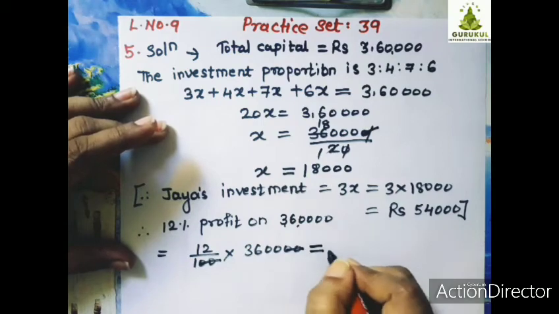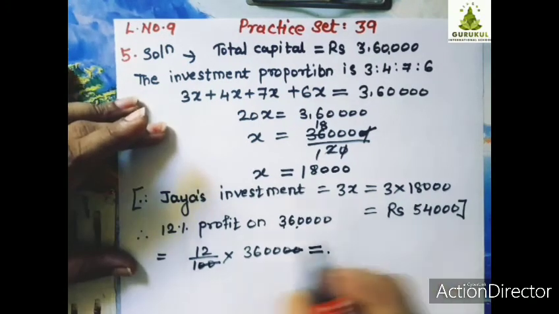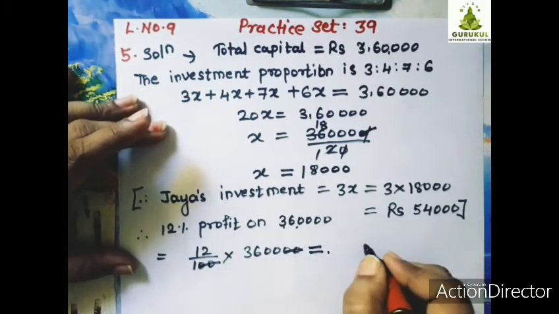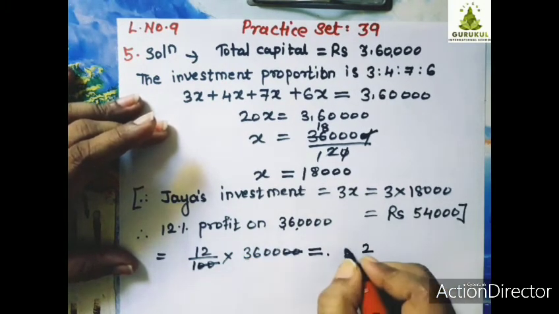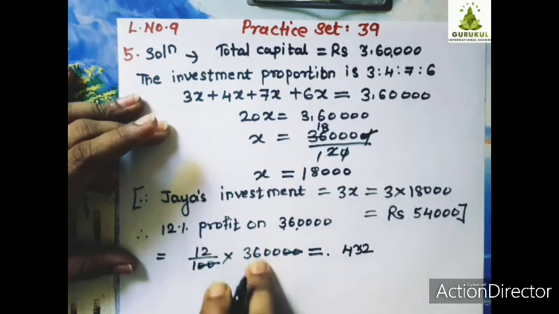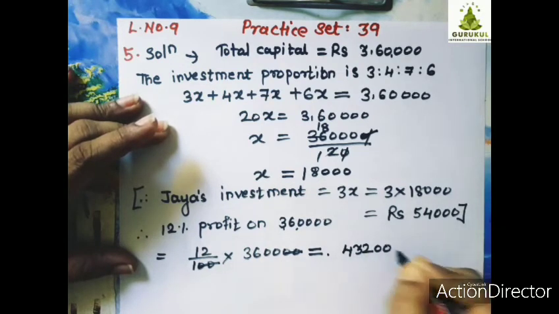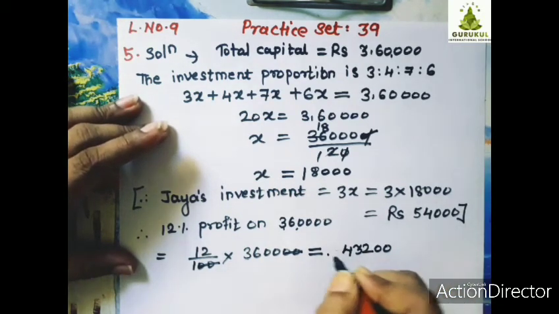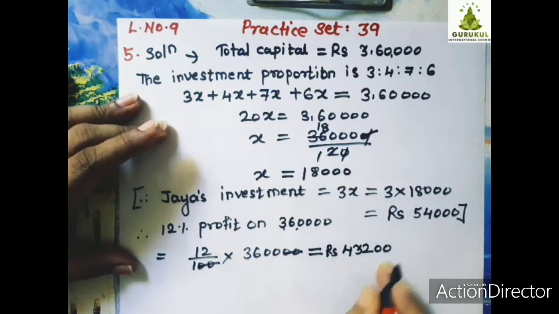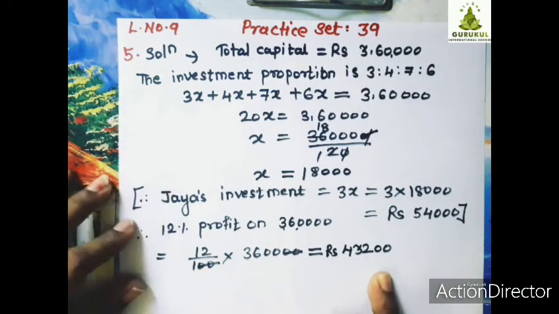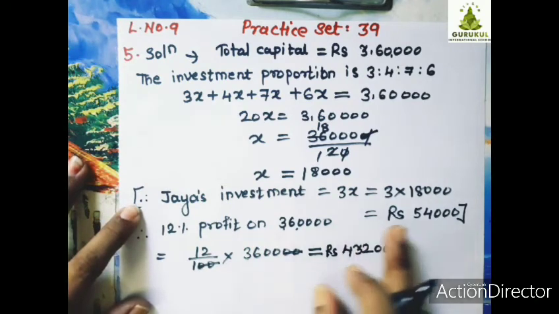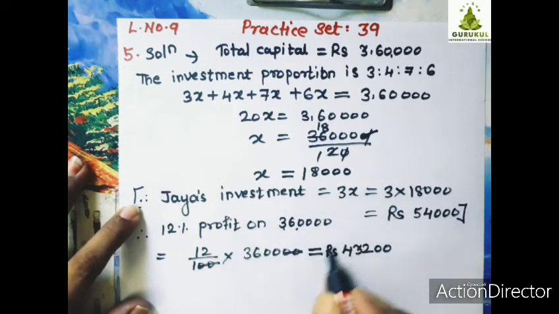Do the multiplication. 12 sixes are 72, carry 7, 12 threes are 36 plus 7 is 43, and the 2 zeros. So it will be rupees 43,200. This is the total profit on the total amount, 3,60,000.